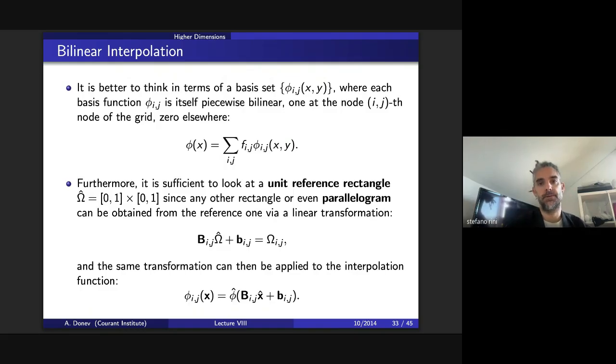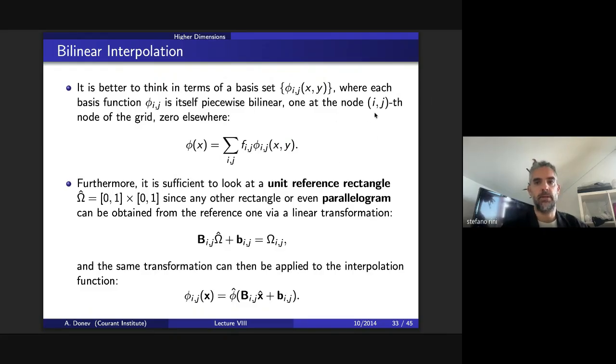So it is better to think in terms of the interpolating basis function phi ij, right? Each of the basis functions is a piecewise bilinear function, and the nodes are now in a grid.